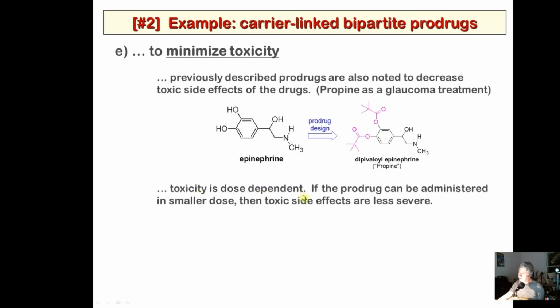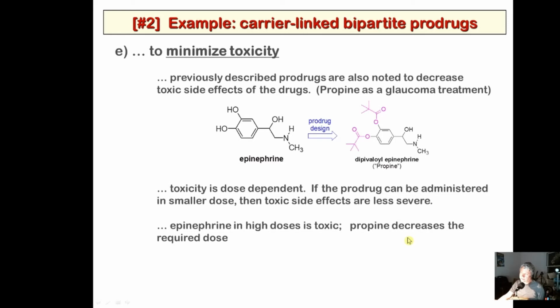Toxicity is dose dependent. If a prodrug can be administered in a smaller dose, then toxic side effects are less severe. That's just an example of the previous prodrug we talked about, propine. Epinephrine in high dose is toxic, and this decreases the required dose.